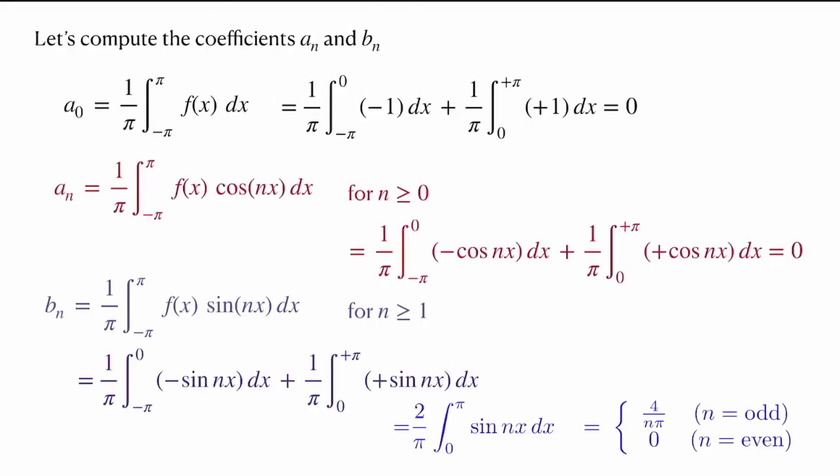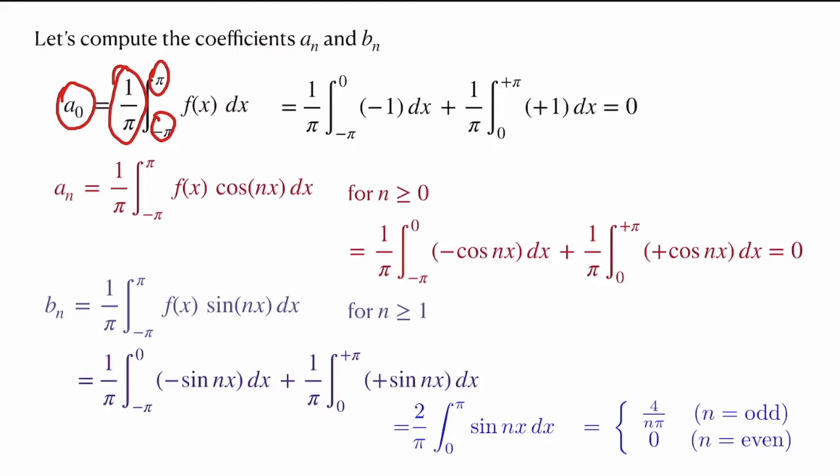So we have to simply compute the coefficients an and bn. Let's first compute a0, which is the constant, where 1 by pi is a normalizing factor. Other than that, you have the integral from minus pi to plus pi of f of x dx.